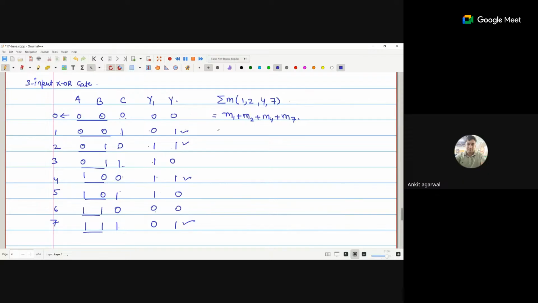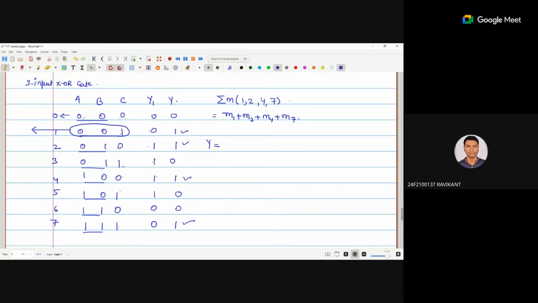Or I can write it in terms of SOP. So for this one, this is the condition. Can you represent the SOP term for every input combination?